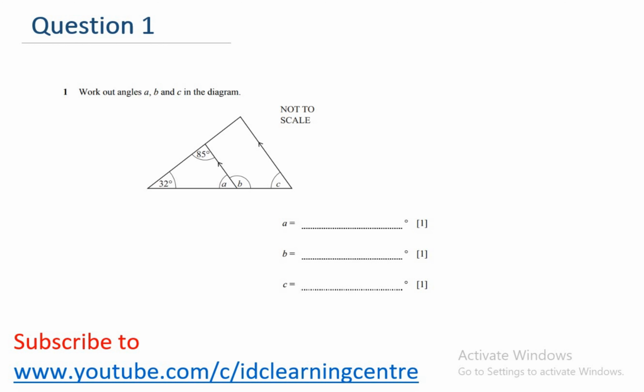I want you to know that the sum of the interior angles of a triangle is 180. So if this is a triangle, this angle plus this angle plus this angle must give you 180 degrees.